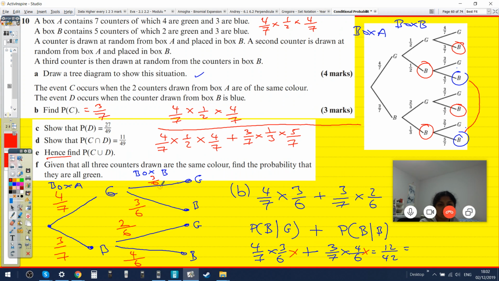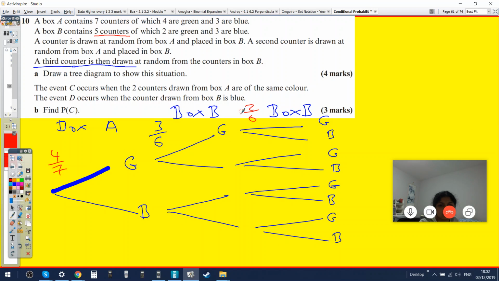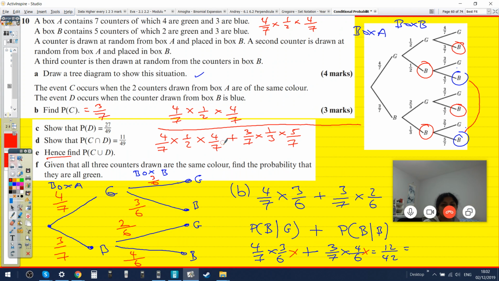So you told me 3 over 6 the first time. And so what is the probability then of taking the third counter, drawn at random from the counters in box B? So that's 3 over 6. Why did they get 4 over 7?